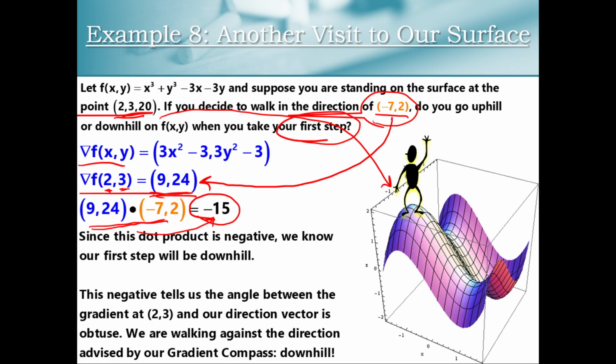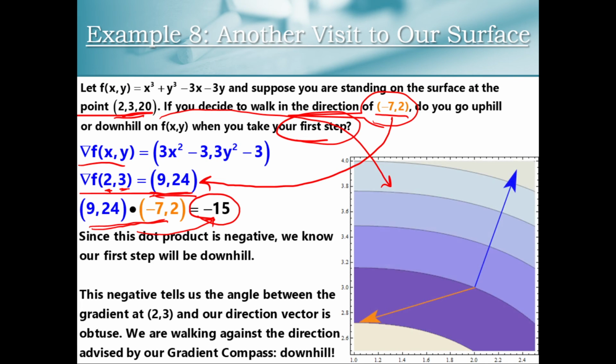This should be very similar to the intuition that you guys saw from the chain rule. By the way, if I try to capture this as a two-dimensional image, I have my contour plot right here. Here's where that little stick figure was standing. And what you can see is, here's the vector -7, 2. This is the direction I'm actually going to walk in.